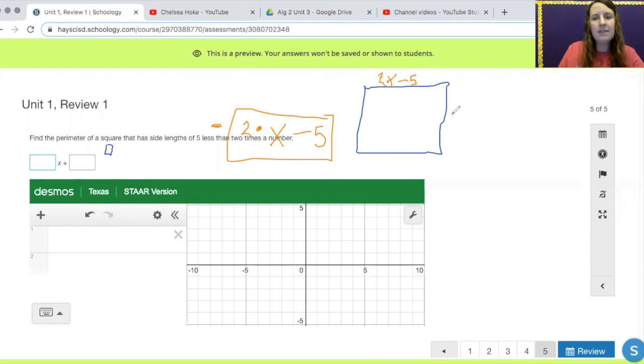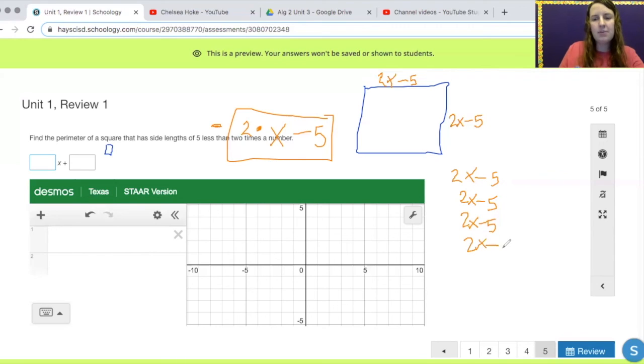So if every single side is 2x minus 5, we need to figure out the perimeter. So perimeter is all the way around. So I've got 4 sides. So I've got 2x minus 5, another 2x minus 5, another 2x minus 5, and a fourth 2x minus 5.